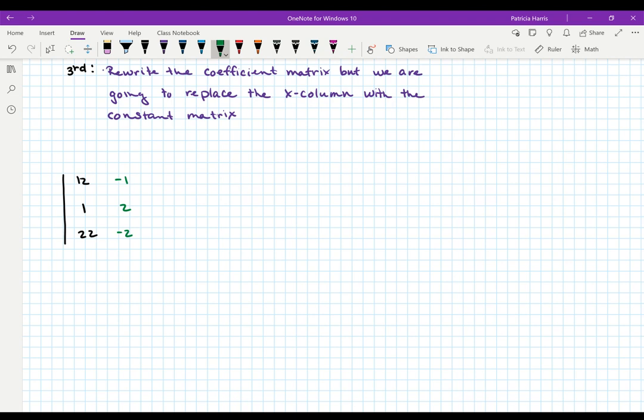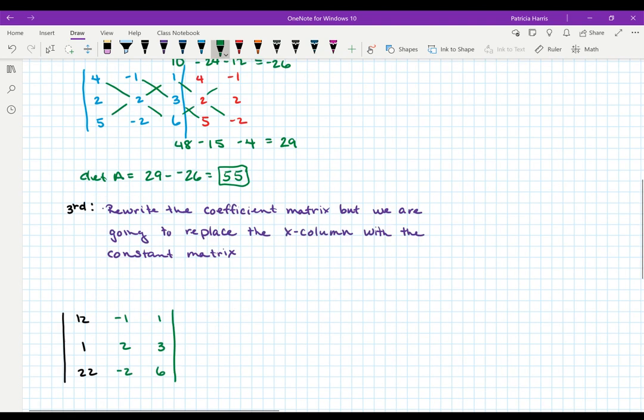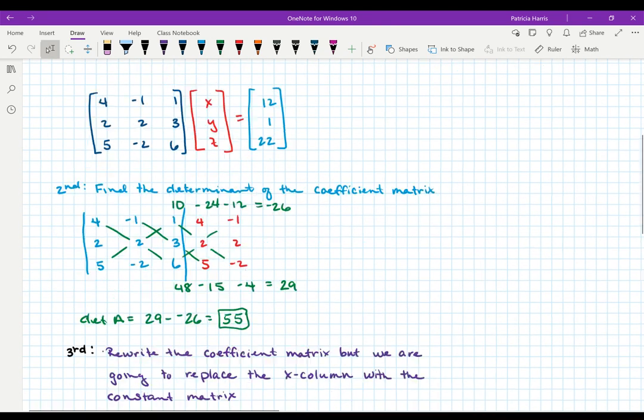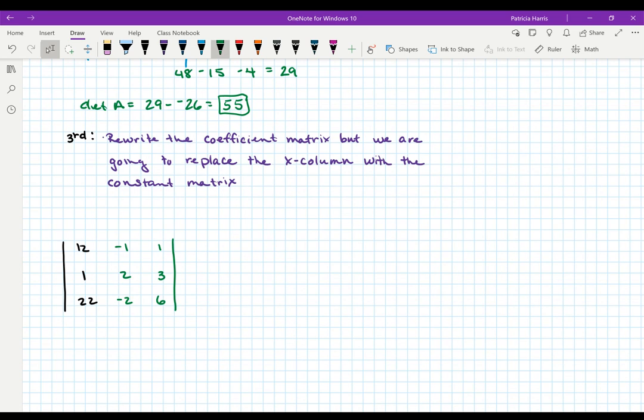I get to keep my second column, and I get to keep my third column. So that first column gets replaced with that constant column. And remember, the constant column is what you're equal to, so 12, 1, and 22. Now find the determinant of that matrix.